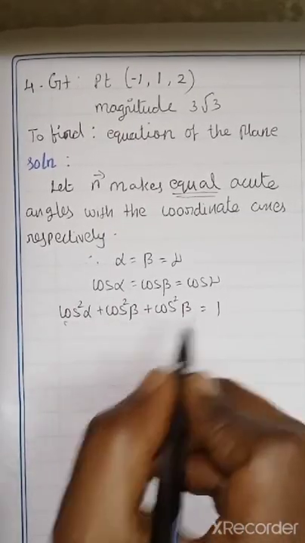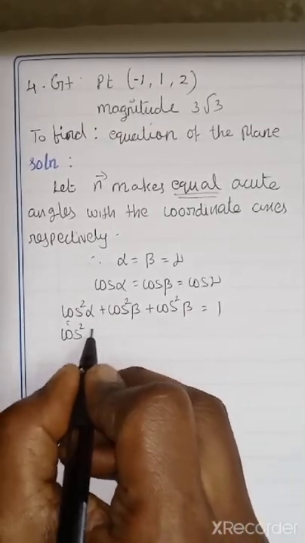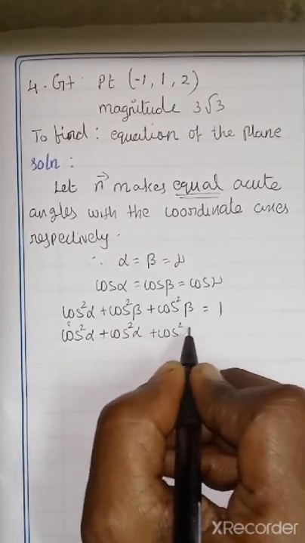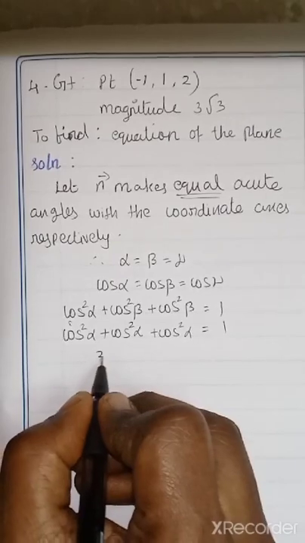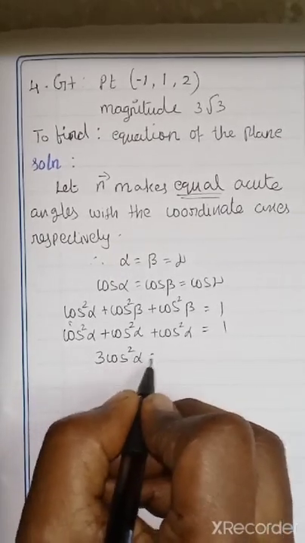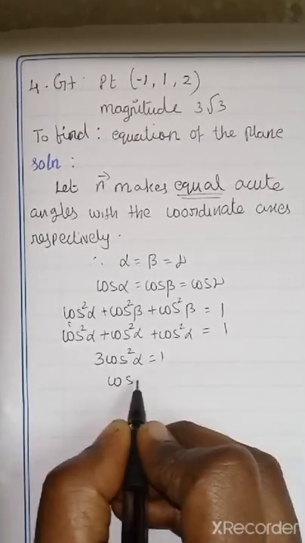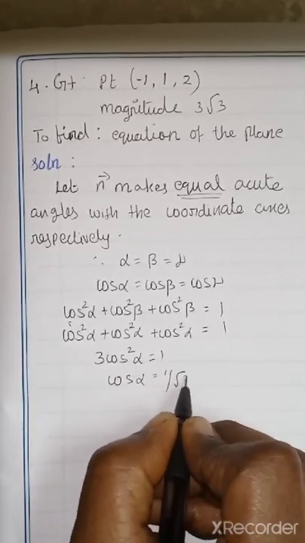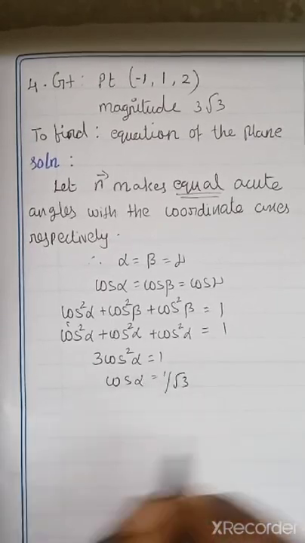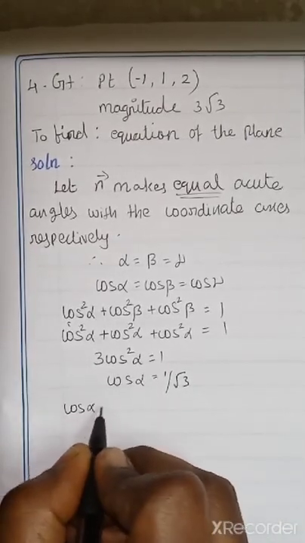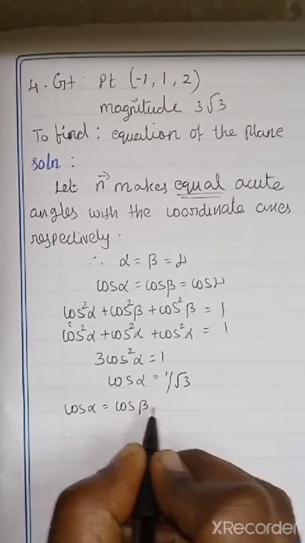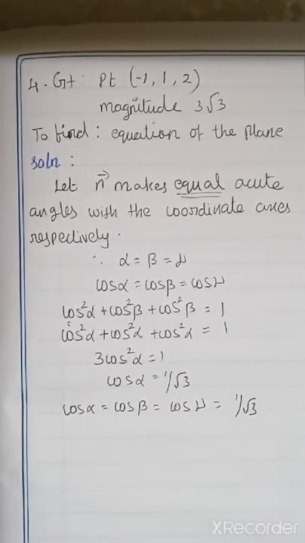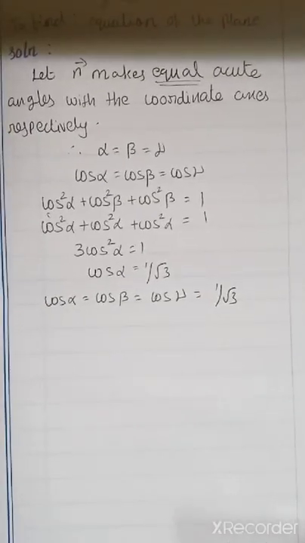So we can rewrite this as cos square alpha plus cos square alpha plus cos square alpha equal to 1. So 3 cos square alpha equal to 1. So what is your cos alpha? 1 by root 3. Correct? So we can take cos alpha equal to cos beta equal to cos gamma equal to 1 by root 3. Is that right? Okay.